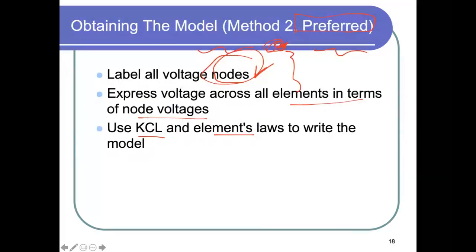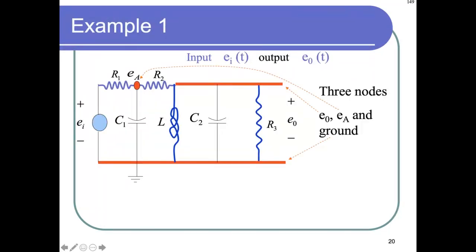Express voltage across all elements in terms of node voltages. Okay, we did that. We will do that now. And then we use the element laws. So what we have is the voltage across the resistor here, which is EA minus EI, right? This is the voltage across the resistor.